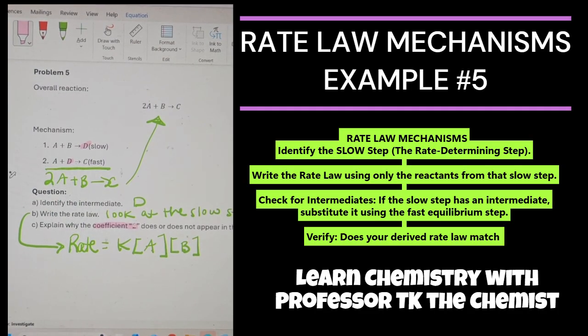And no, it's not second order. Why don't we use the number 2? I want y'all to think about what we're saying here. We never use coefficients. Hint, hint. Coefficients in the overall equation do not determine the rate law.